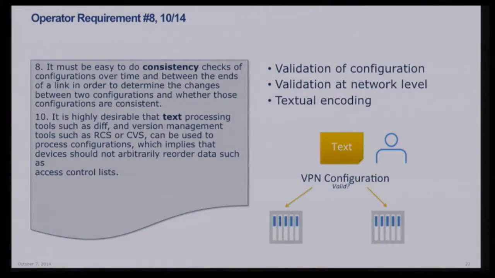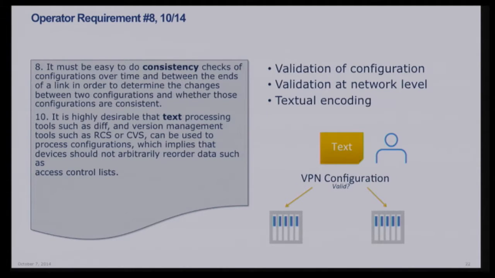Again, validation of configuration, the ability to have a detailed enough schema before you send the configuration, to allow for offline validation, and also offload the implementation on the devices themselves. And also at the network level, coming back to the idea that we could have service level models for basic things like VPNs or BGP policies that would allow for validation of endpoints, and correlation of data between participating devices, right?